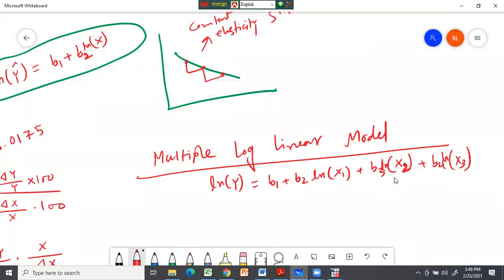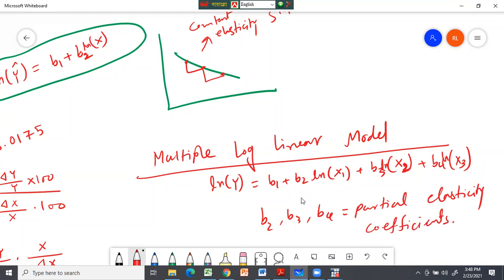You are not going to explain them simultaneously. So that is why b2, b3, b4, all of these elasticity coefficients, are known as partial elasticity coefficients.